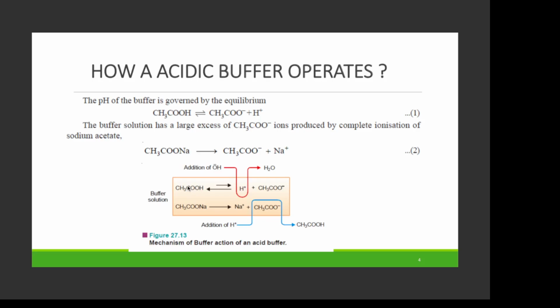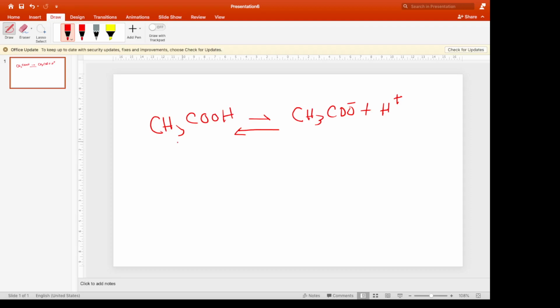So when it dissociates, it will again reassociate and form this acid again, okay, clear? So the chances of the backward reaction are higher, clear this point?